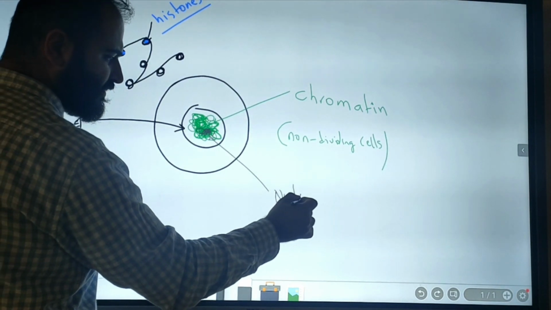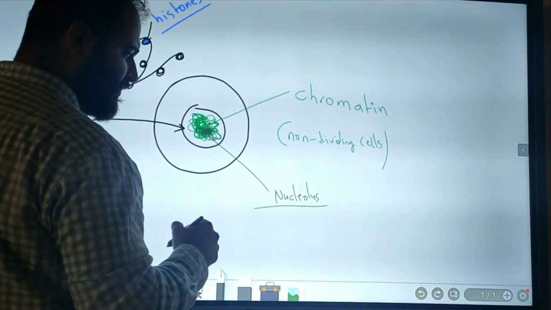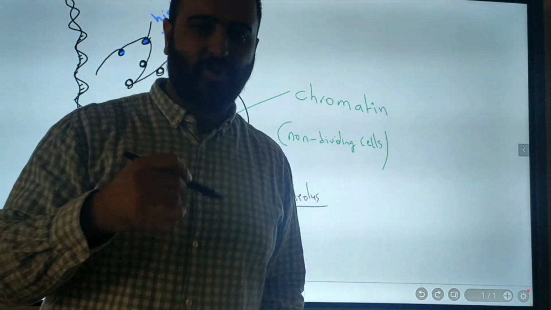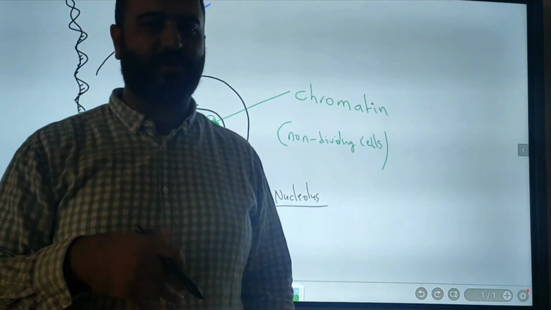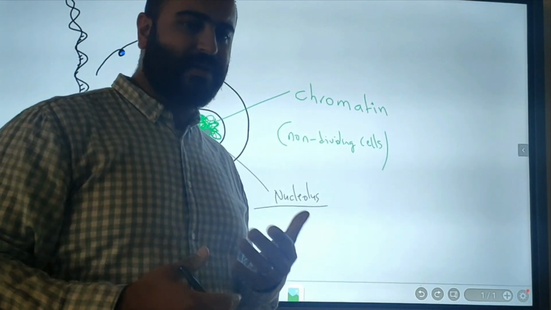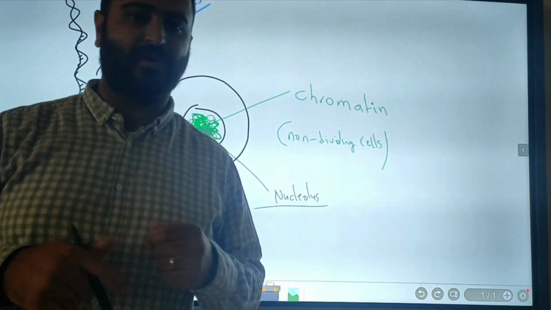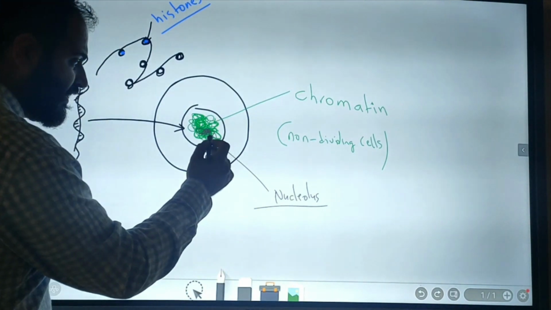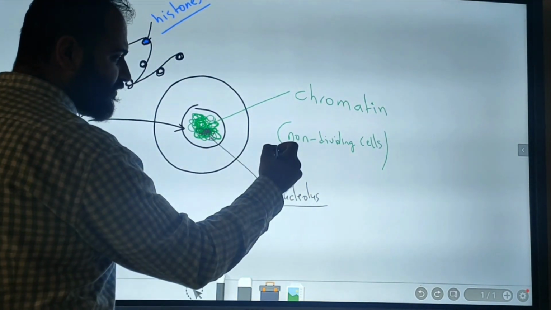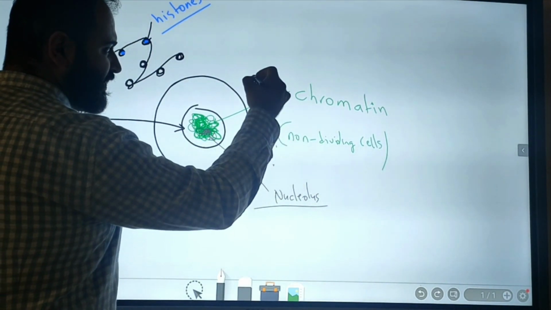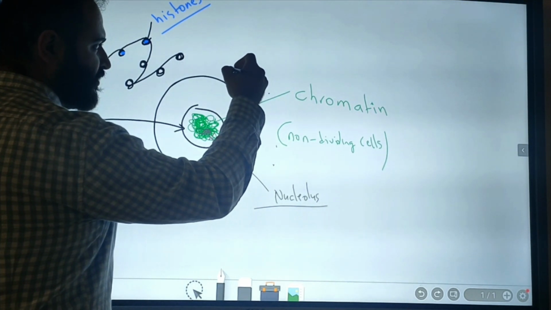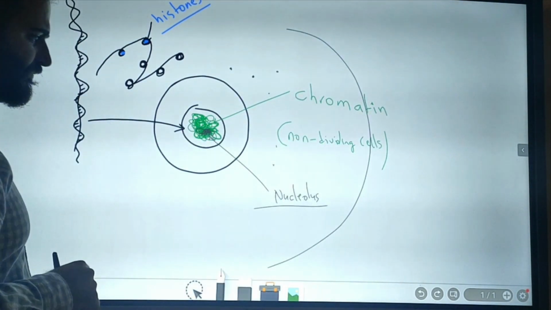And this nucleolus contains DNA that is non-coding. It doesn't code for the production of protein. On the other hand, it codes for the production of a certain type of RNA called ribosomal RNA, and it is responsible for the production of ribosomes that are the factories of proteins in the cell.